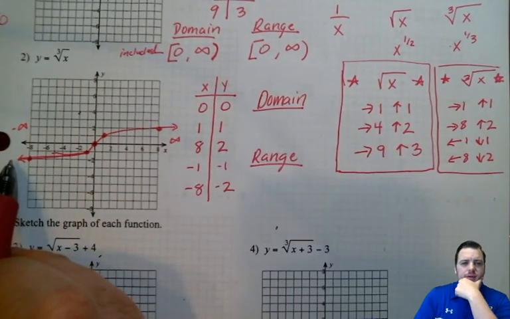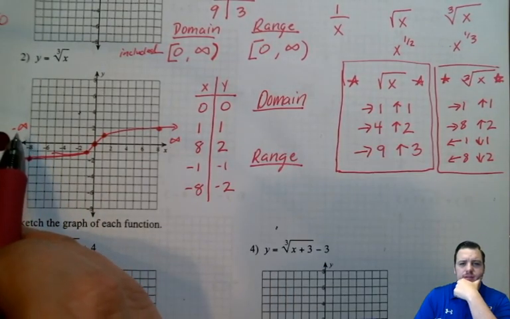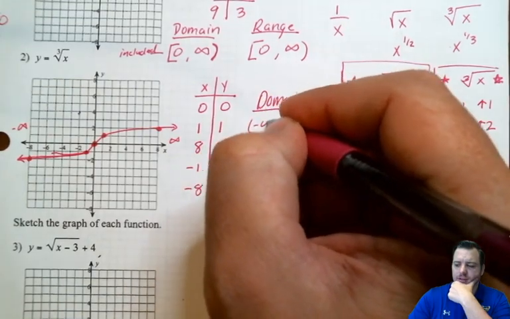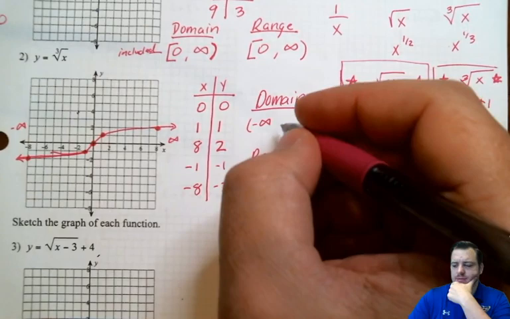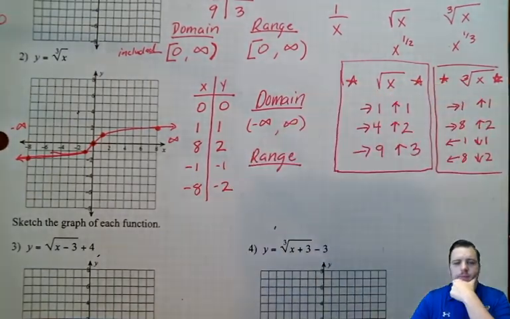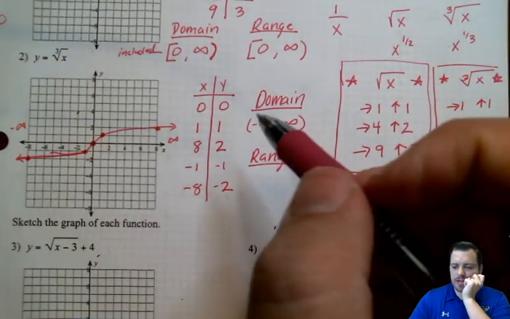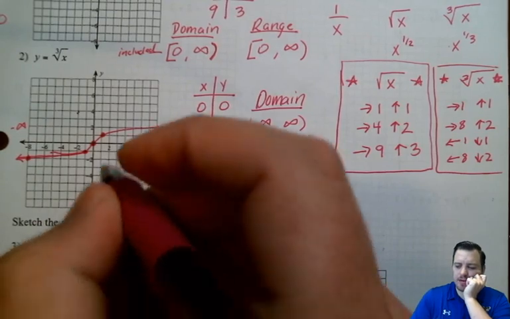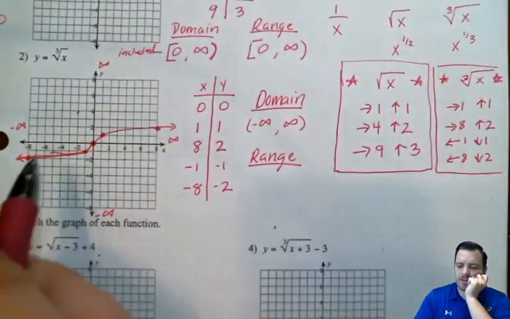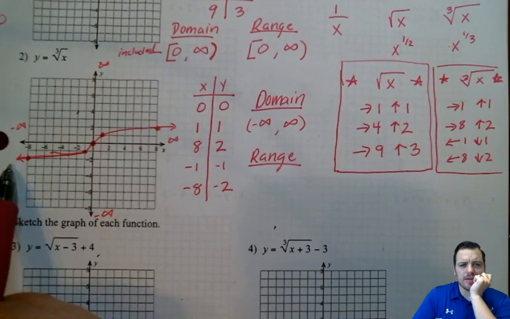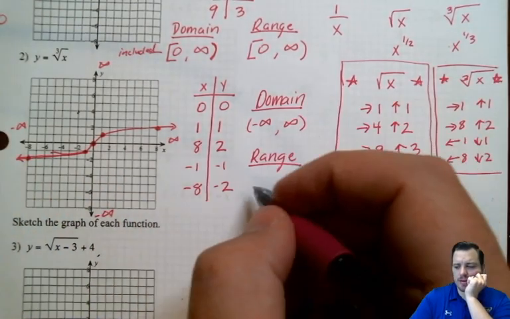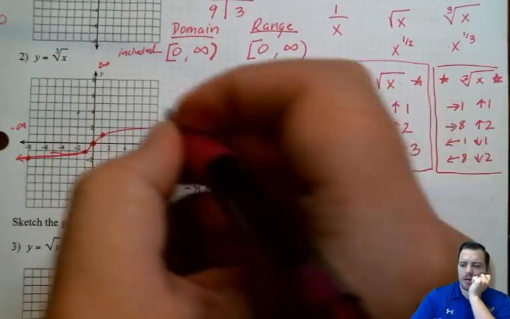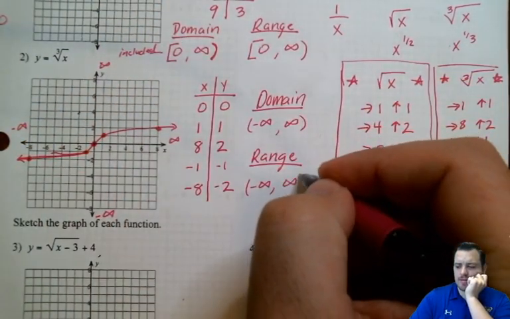So this arrow goes forever this way, so that means the domain is going to be from negative infinity all the way to, that arrow goes forever, to positive infinity. The range, this is negative infinity way down here, this is positive infinity up here. Notice this is going down, so it's going to go down forever that way. So that's going to be negative infinity. And same thing there, that's going to be positive infinity.